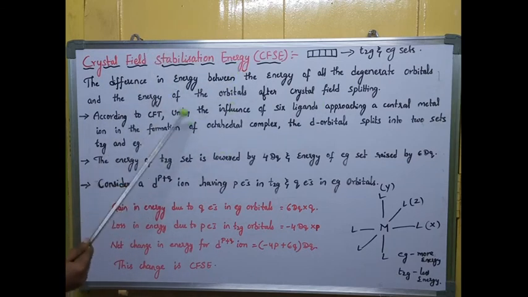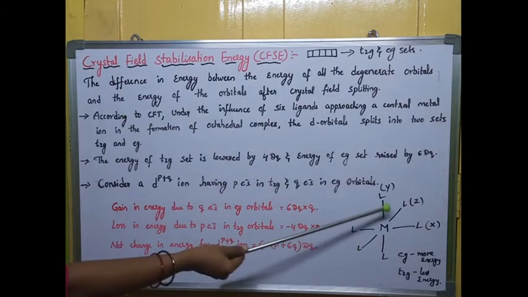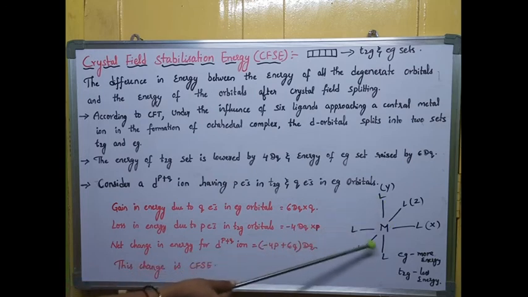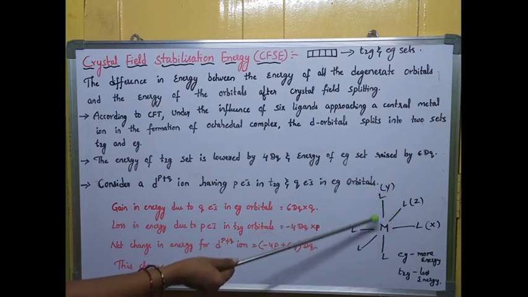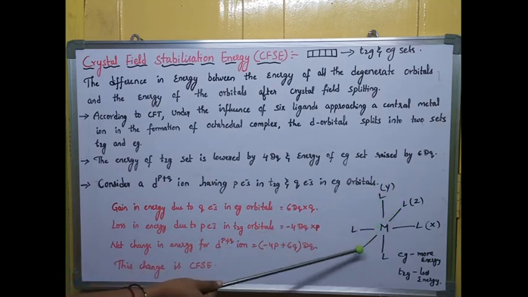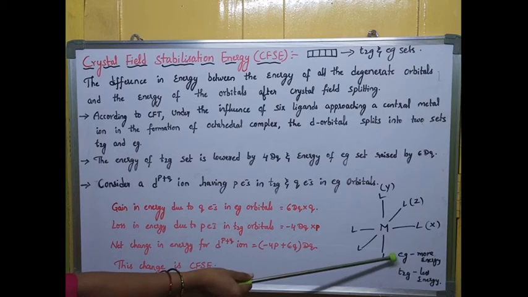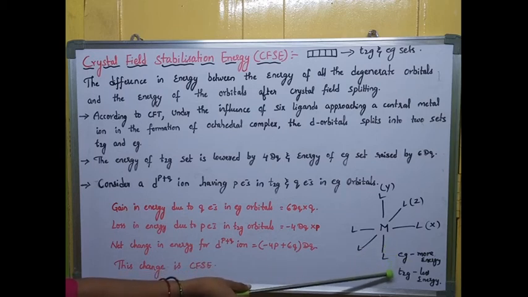If you are taking an octahedral complex, according to CFT, in octahedral complex all ligands approach along the axis. While approaching along the axis, splitting takes place. On the axis we know eg orbitals are present. Eg orbitals means dx2-y2 and dz2. Between the axis t2g orbitals are present: dxy, dyz and dzx.